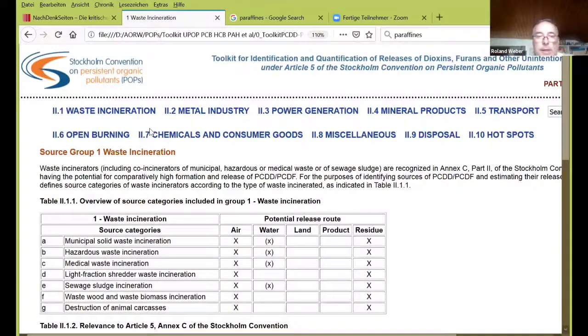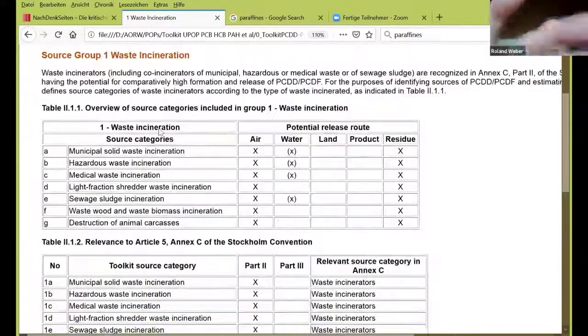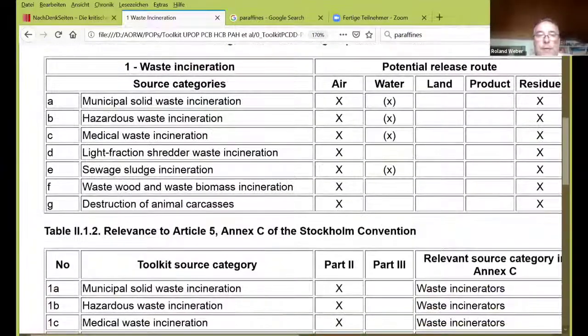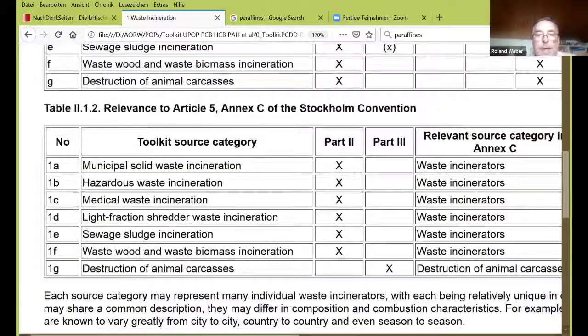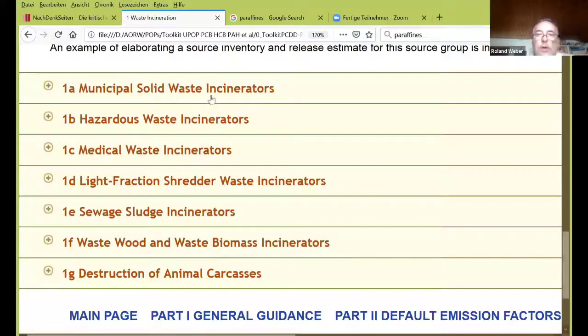Here it tells you what the different source categories are. You see here, wait a moment, I make it a little bit larger. So municipal solid waste incineration, the different source categories. And then you can go down to the individual source categories. So we go to the medical waste incinerator because you have it.